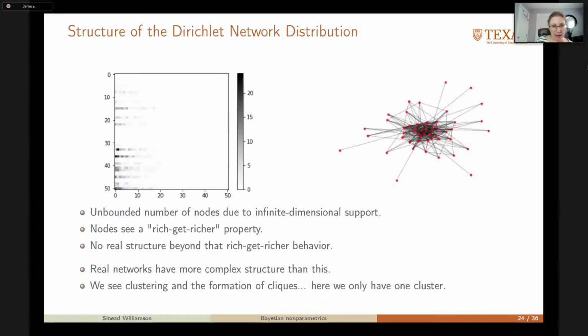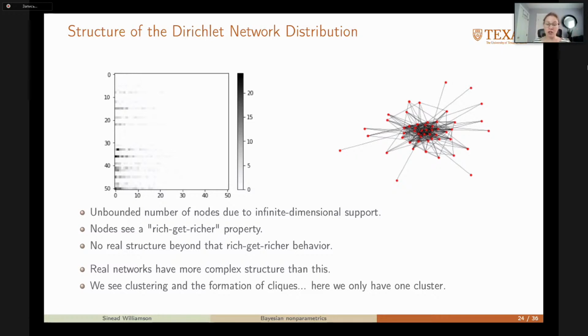Okay, so what does this look like? So on the left here, I've sampled from this distribution, and I have generated an adjacency matrix. And then on the right, I've plotted that as a graph. So here you can see there is that asymmetry, right? This is not a symmetric matrix. There is a difference between behavior as a sender and behavior as a recipient.